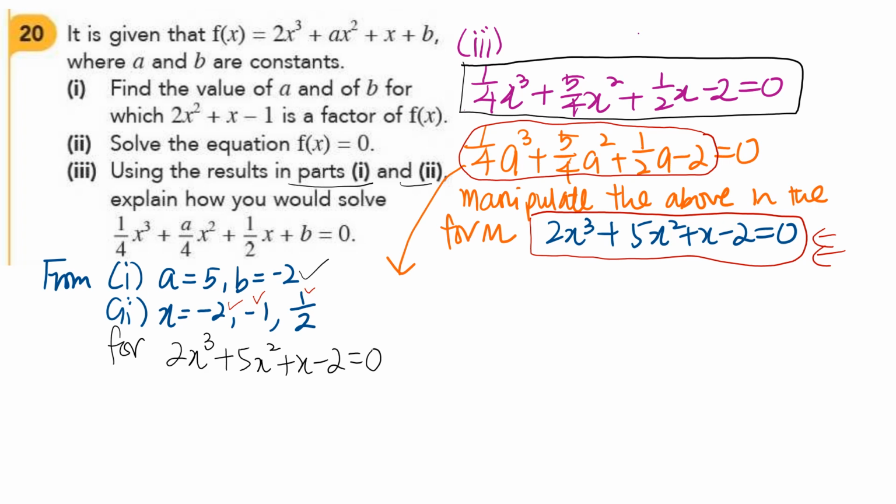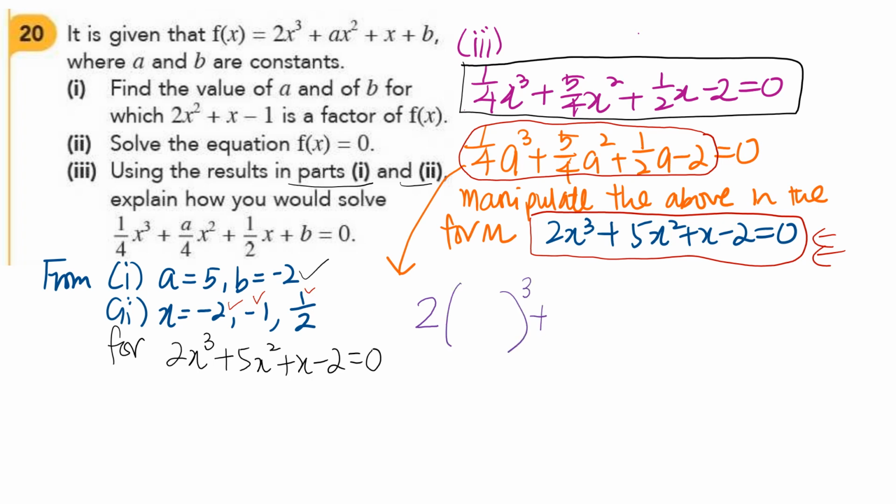If you look at 2x cubed plus 5x squared plus x minus 2 equals 0, first of all, you see that the coefficient of x cubed must be 2. So I need to have 2 there first, and then something to the power of 3.